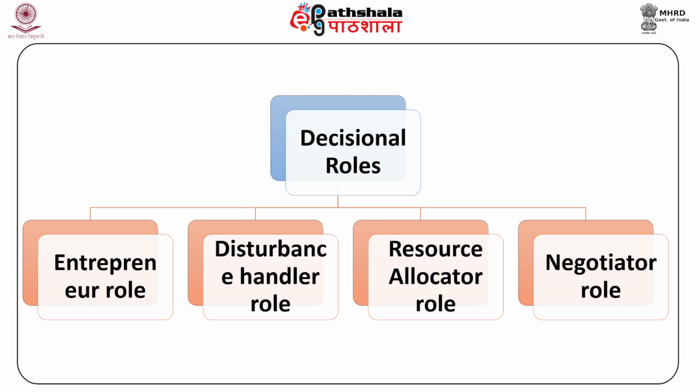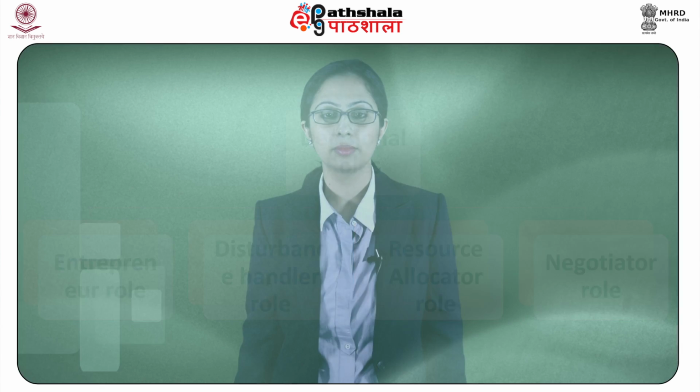Managers take care of disturbances like strikes, lockouts, employee grievances, shortage of material or any other calamity. Resource allocator role. Managers are responsible for resource allocation, that is land, labor and capital. Next, negotiator role. A manager's most crucial role is to run the organization smoothly. Hence, they act as negotiators between parties who are in conflict.